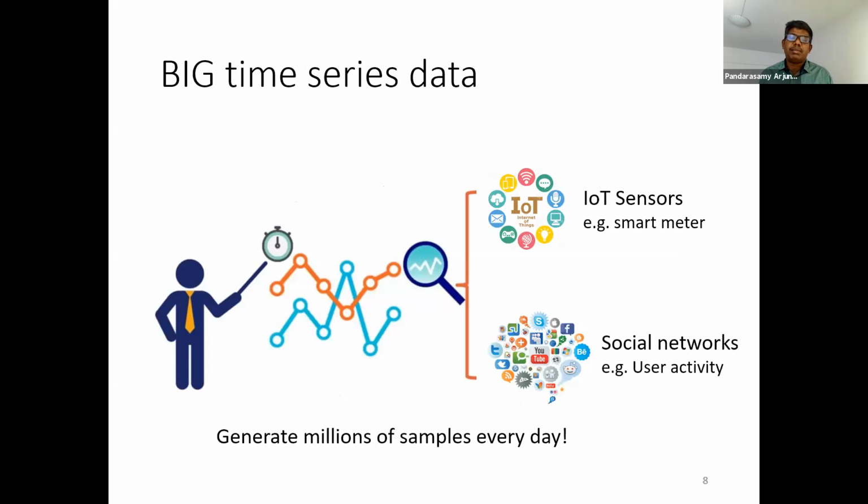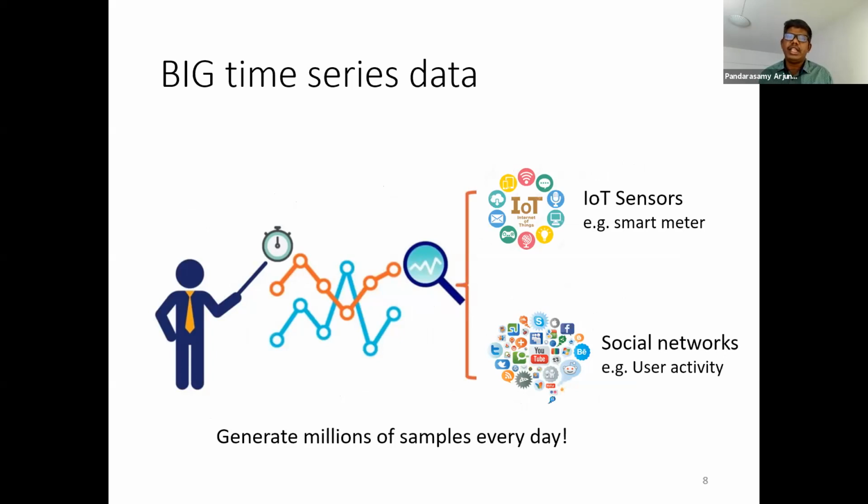People have started to install a lot of IoT sensors like smart meters, temperature sensors, humidity sensors, and air quality sensors. All these sensors are generating data like anything. They are sampled at every minute interval, generating a lot of data. And with the advent of social networks, we are also generating a lot of data.